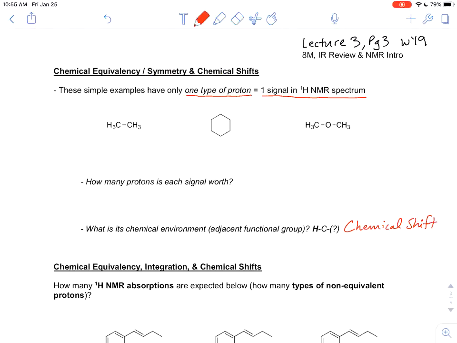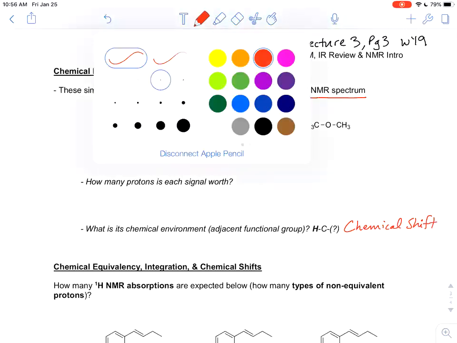So the reason I left a lot of space is because there's kind of a specific way to go over and determine whether each of these protons are actually the same or if they are different. Now, these are examples where it may be obvious that those could be considered to have the same chemical environment and that they're equivalent, but I'm going to start with simple examples.